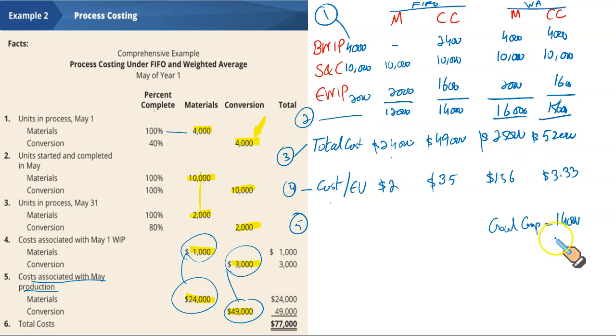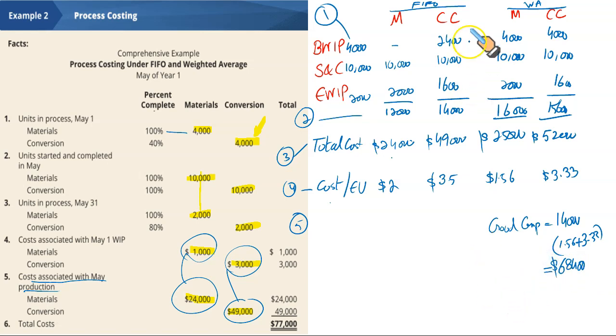These 14,000 units will carry with them material at the rate of 1.56 plus conversion cost at the rate of 3.33. So 14,000 units completed multiplied by 1.56 plus 3.33 will give you the value of the goods completed during the current period. It gives me a total of 68,400. This is the value of goods completed during the period.